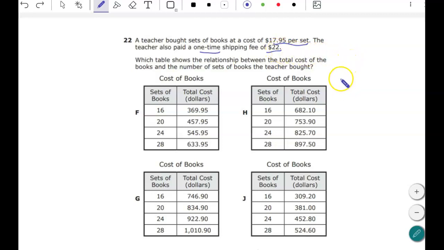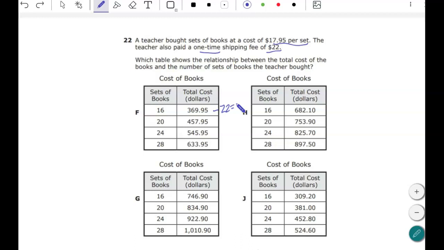So you can do this by just checking each table, but you'd have to subtract out the $22 to see if that would work. Kind of just working backwards here. So if you have 369.95, subtract the $22 out.